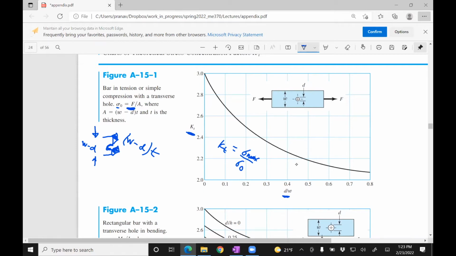So for example, if it's 0.4, then KT is going to be, I don't know, 2.25, I guess. And then you use 2.25 here, which is known. And then sigma 0 is known because you know what F is, the supplied load is given, and the cross-section area comes from geometry. So sigma 0 is known, and then you can find sigma max. That's the stress which will show up right here. And that's clearly more than the stress you would have without that hole.